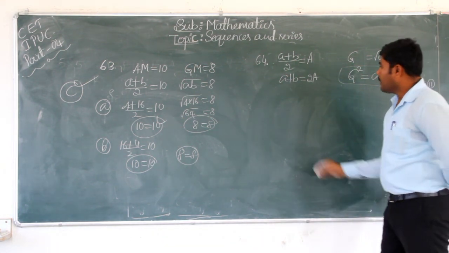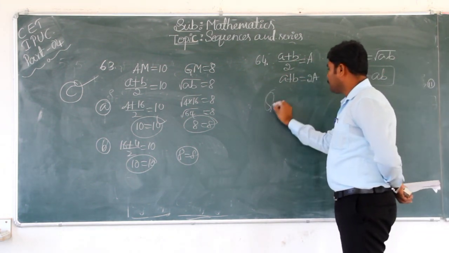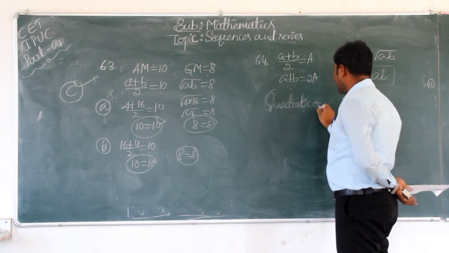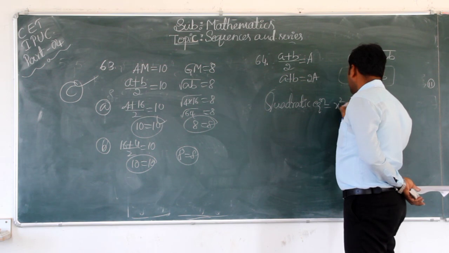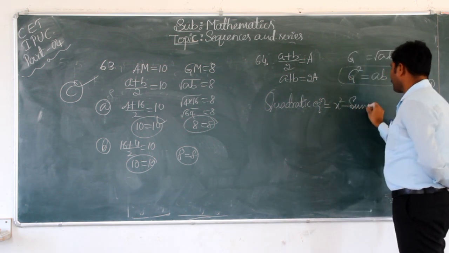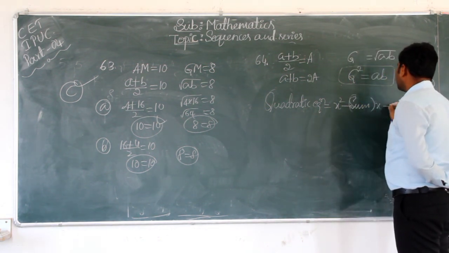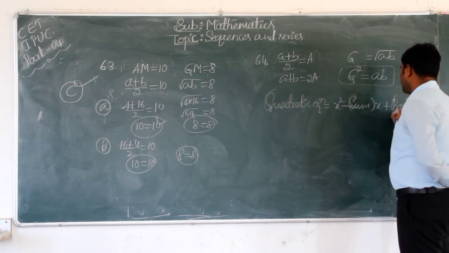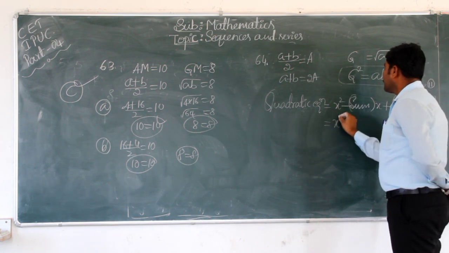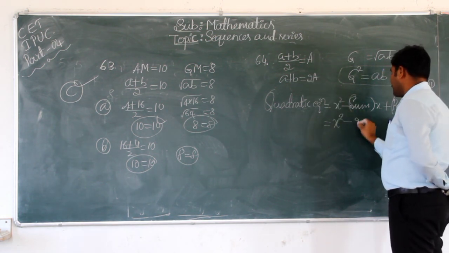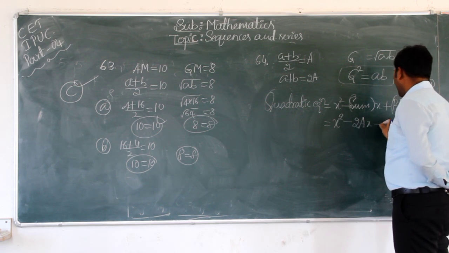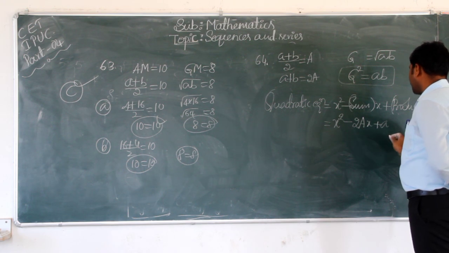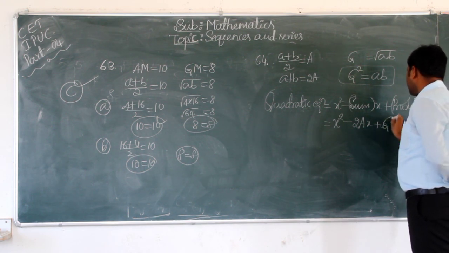Now, the quadratic equation is given by x square minus the sum of the roots into x plus the product of the roots. So the quadratic equation is x square minus 2A into x plus the product of the roots, AB, that is G square.